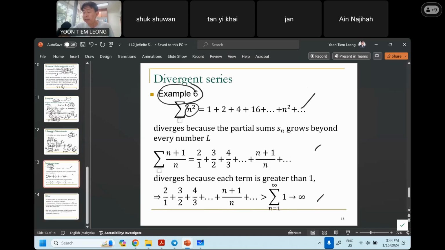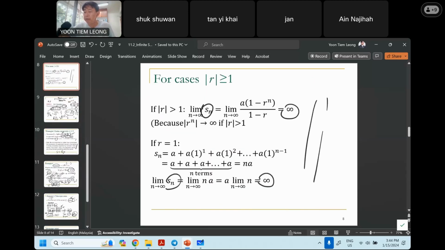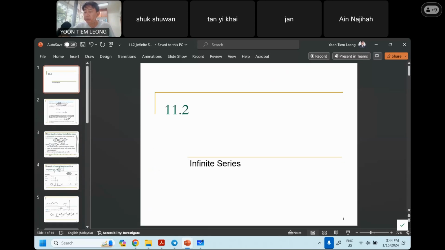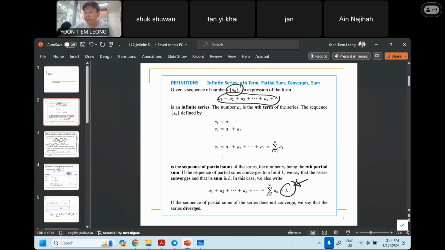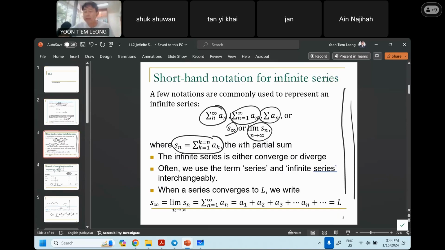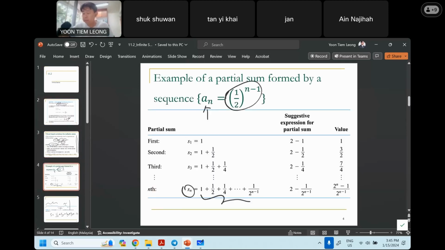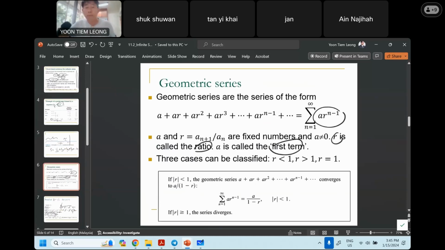Okay, so that is the discussion of infinite series. As a conclusion to this topic, we have defined what an infinite series is. And we have illustrated that in most cases, we want to know whether an infinite series converges or diverges. We also talked about a very important specific example of infinite series, which is the geometric series.